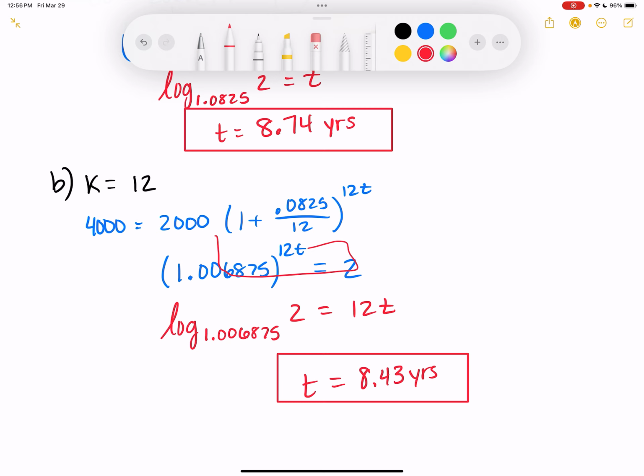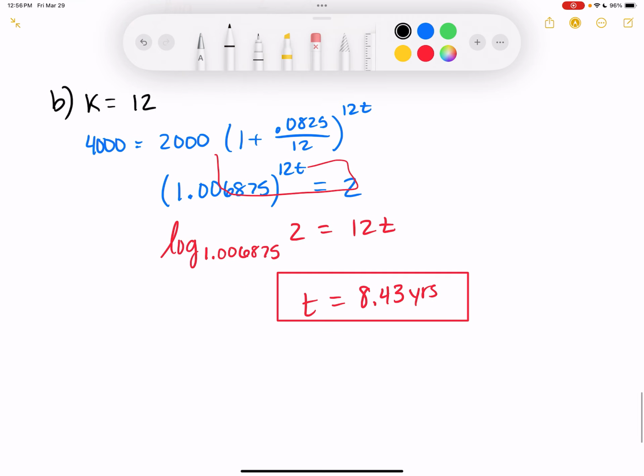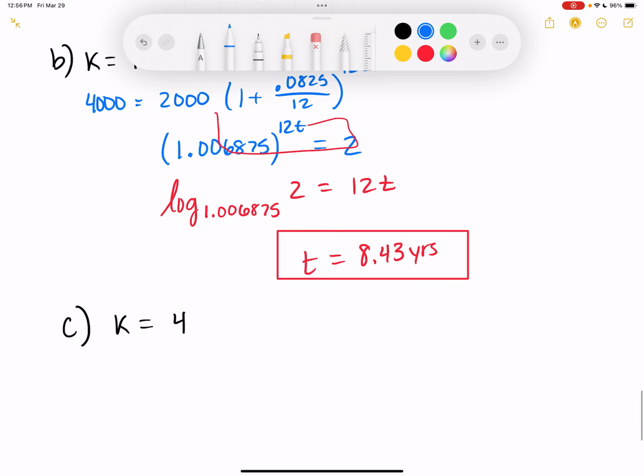Okay, C is quarterly, so how many times is that? 4. So same thing, 4,000 equals 2,000 times 1 plus 0.0825 divided by 4 raised to the 4t.